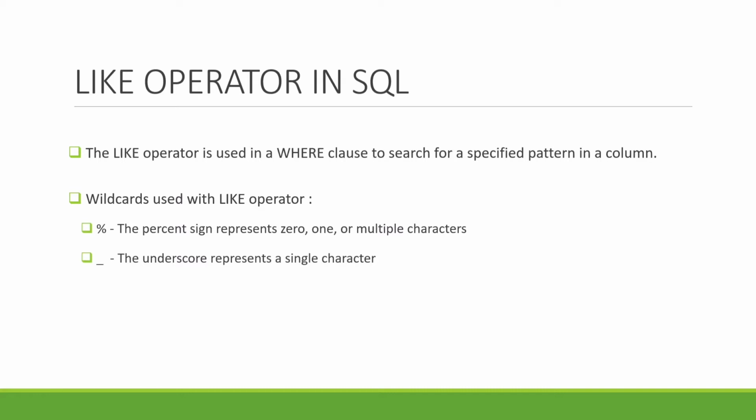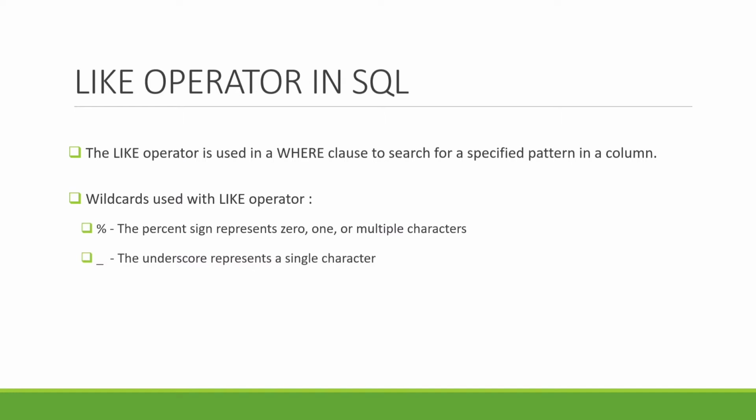There are wildcards that are used to create these patterns. The first one is the percentage sign, which represents zero, one or multiple characters. So if I write J percentage, then all the names starting with J will come under this category, be it J, JO, JOH, JOHN.